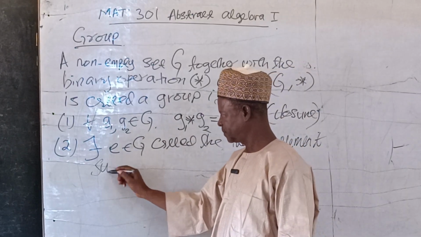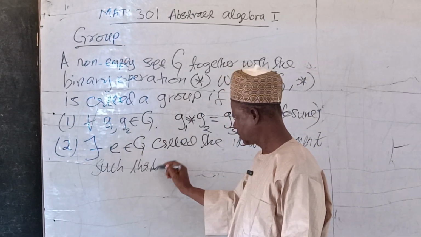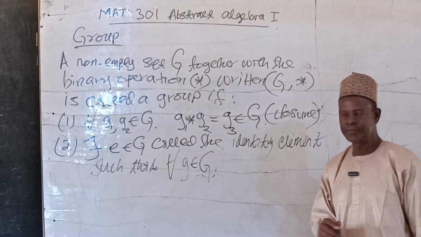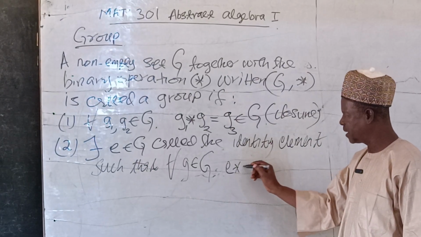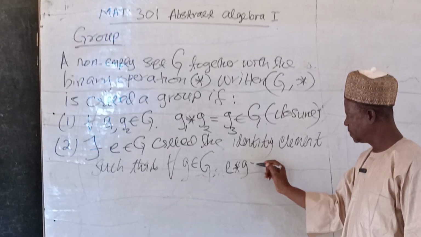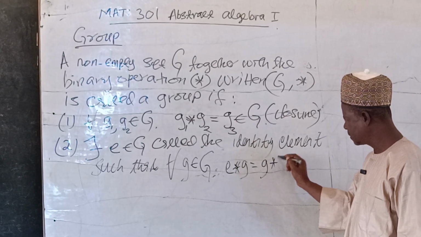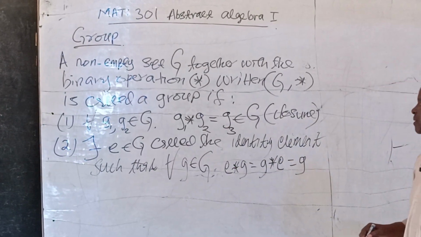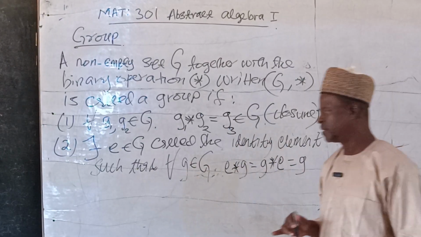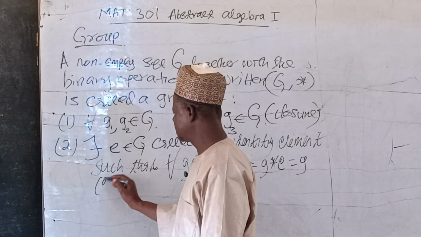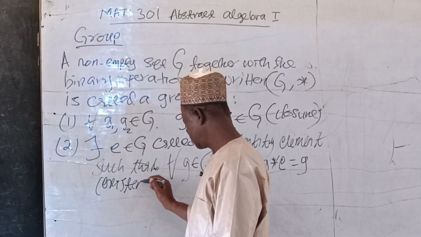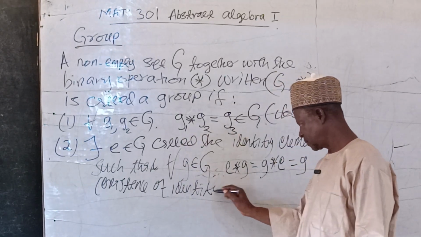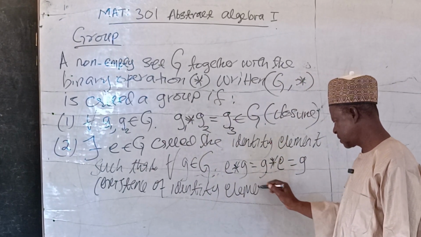Such that for any G you pick, element of the group, E star G will be the same as G star E and will be the same as G. Okay? Then this element is called identity element. So this principle is called existence of identity element.